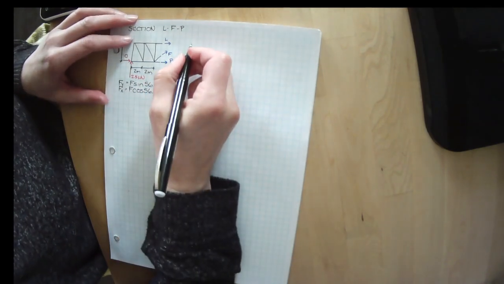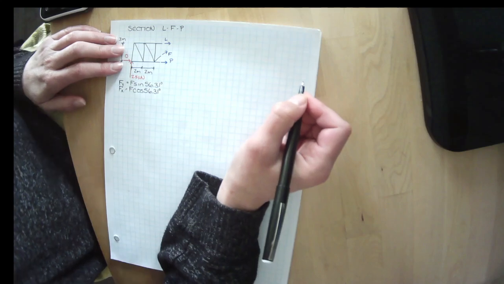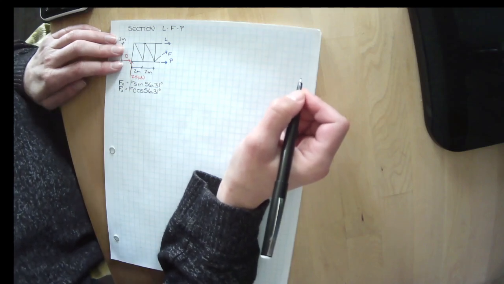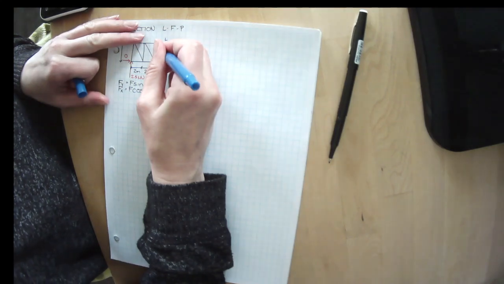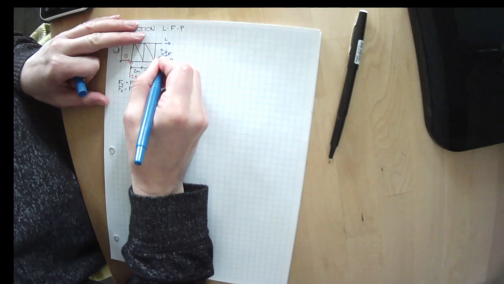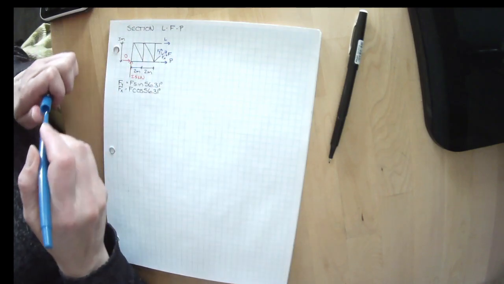Now we can start summing our forces in different directions. Let's sum our forces in the, well, I'm going to draw out, I find it helpful to draw out Fx and Fy sometimes.